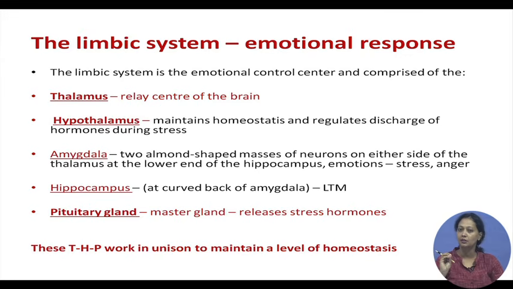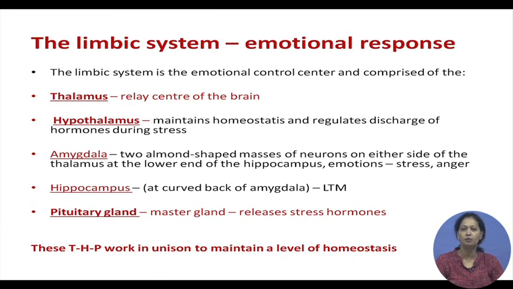Hypo stands for under, and this small structure is one of the major regulators of homeostasis in the body. It is also a regulator for releasing several hormones within the body.